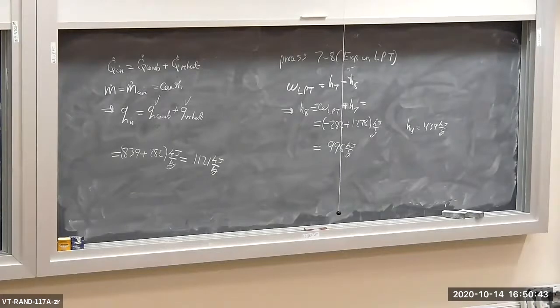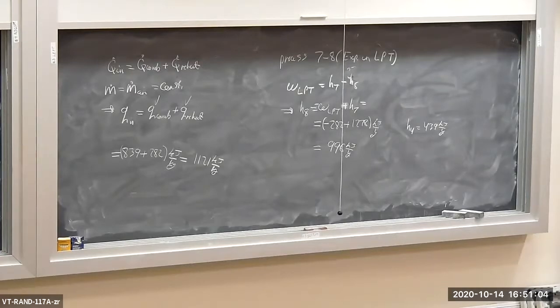0.75, at 75%, times 996 minus H4, 439 kilojoules per kilogram.